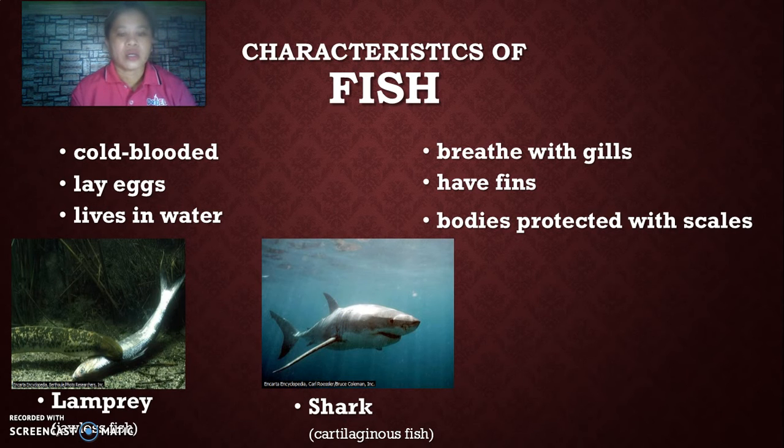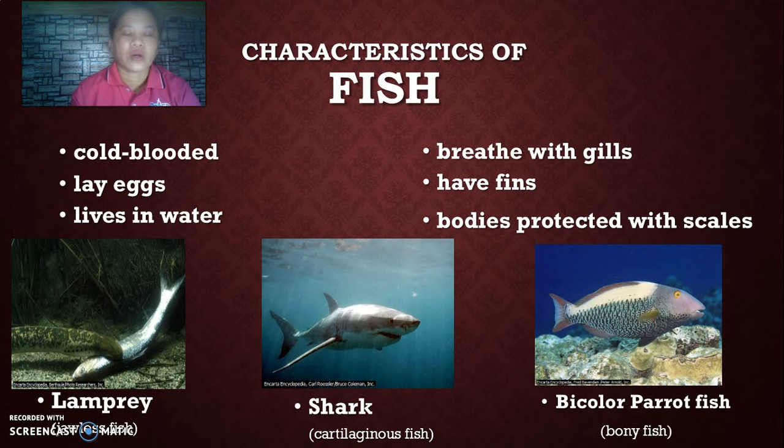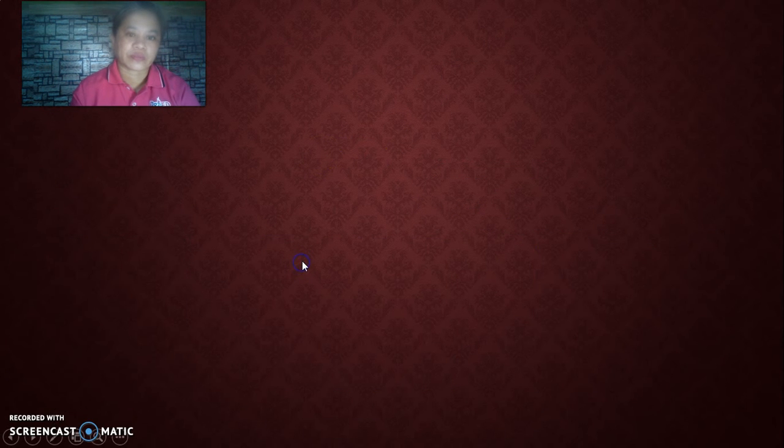That's why they call the shark a cartilaginous fish. Then we have the bicolor parrotfish. It's an example of bony fish. Most of the fishes in the water are bony fish.